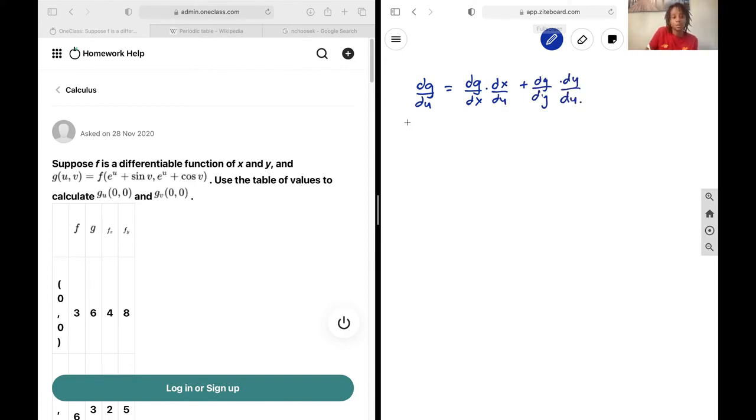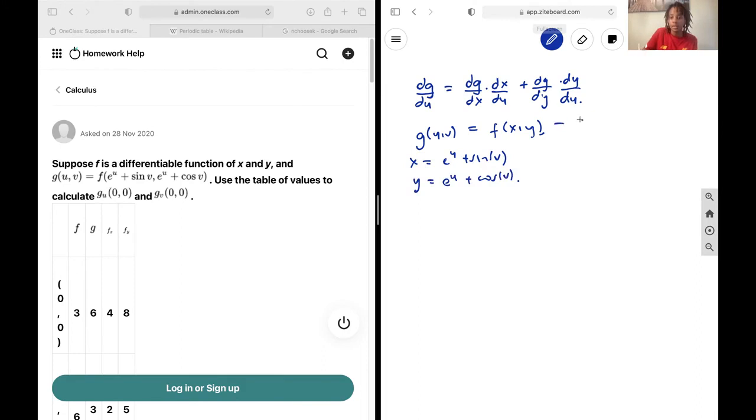So we are going to set g of u, v equal to a function of x and y. We're going to set x equal to e to the u plus sine v, and y equal to e to the u plus cos v.